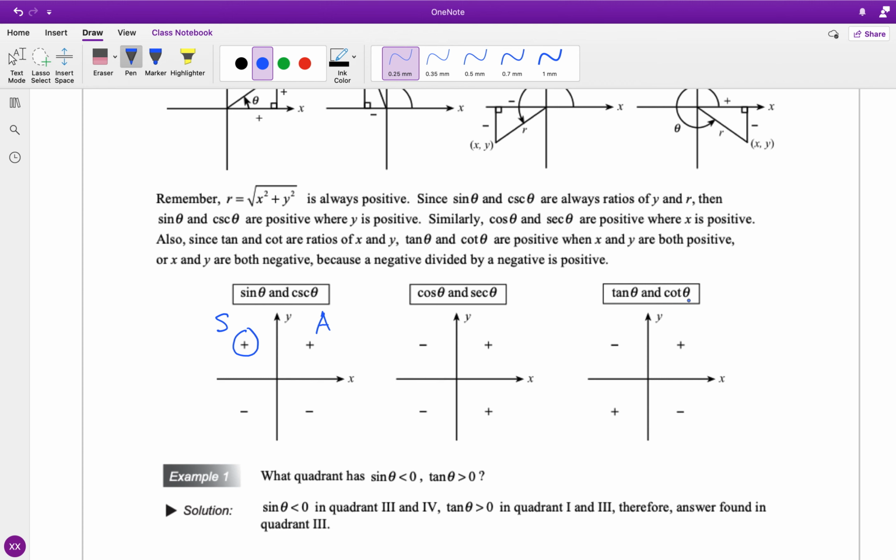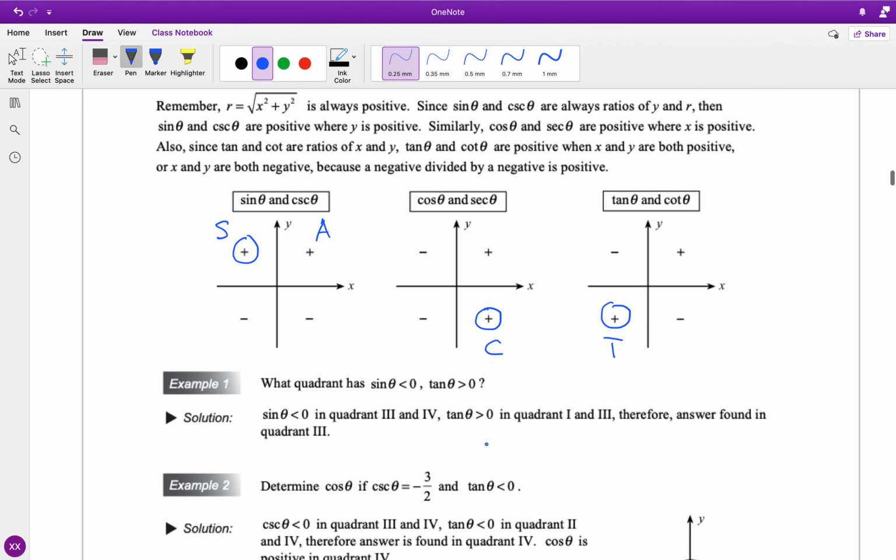Tangent and cotangent, of course, so this is "All Students Take". And what is over here? Positive cosine and secant, because secant is 1 over cosine, and that is "All Students Take Calculus".